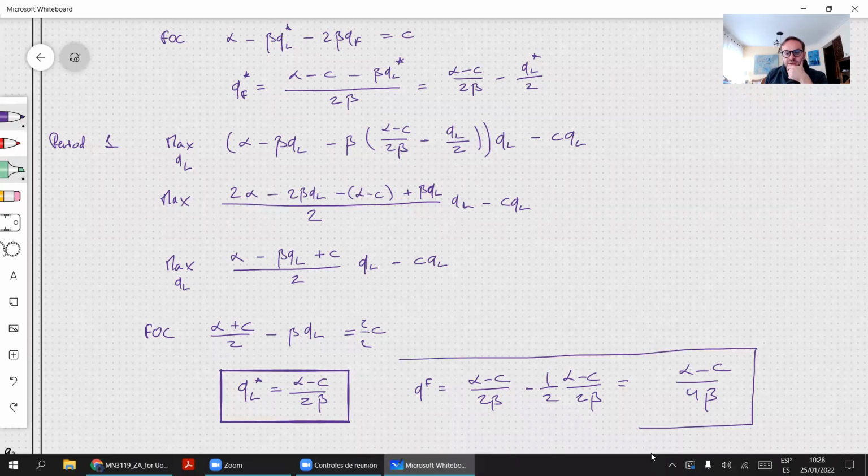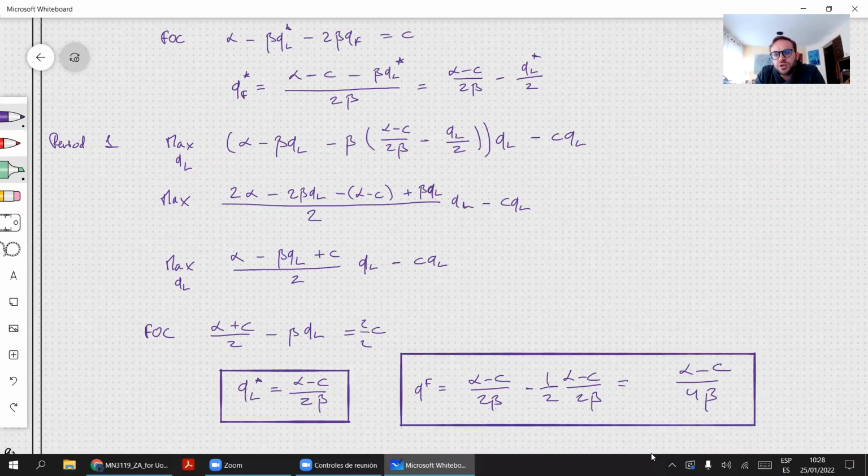And when you have these things, you always get these simple solutions. You shouldn't get any exponents, you shouldn't get weird stuff. What you will usually get is a fraction: some constant number times the difference between the intercept in the demand function and the marginal cost, divided by the slope of the demand function.